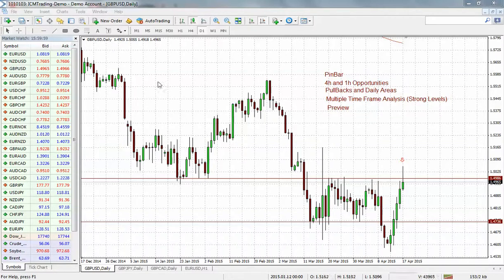To be honest with you, it's good to start out the week looking at your daily charts and even your weekly charts to get an idea of how the week is going to go. Sometimes price can get to a very strong daily level, and that might start a trend for the rest of the week.